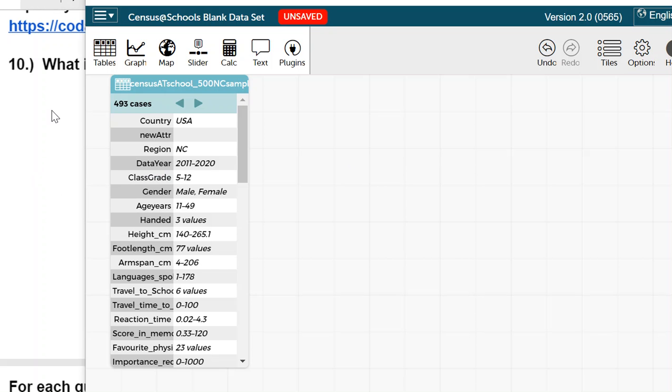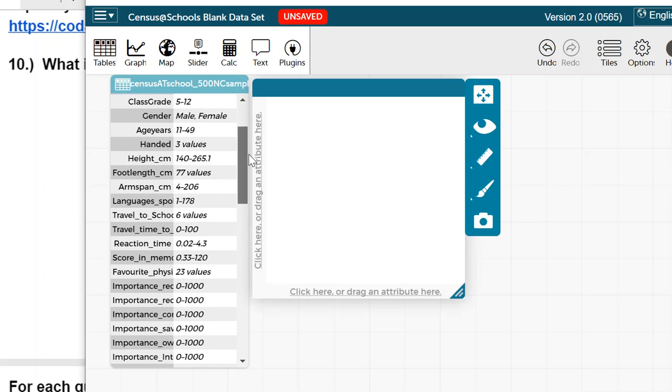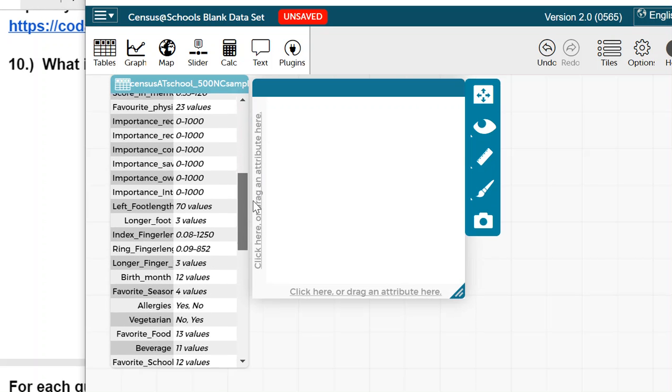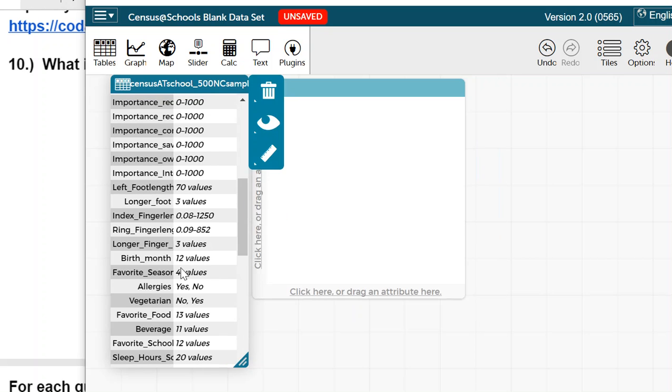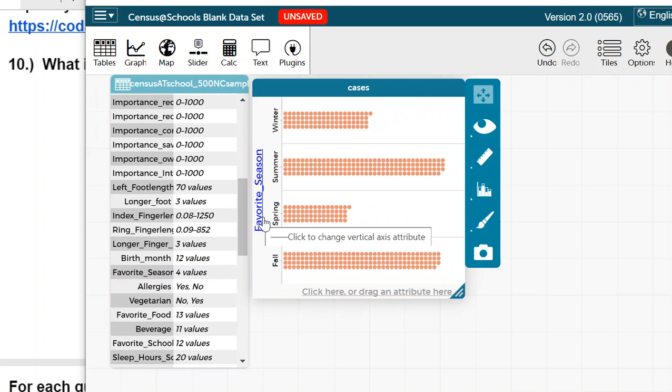Anyway, all right, so we're talking favorite season versus birth month. So let's bring up a graph. There's favorite season. So let's do the favorite season on the y-axis that way, and then birth month.